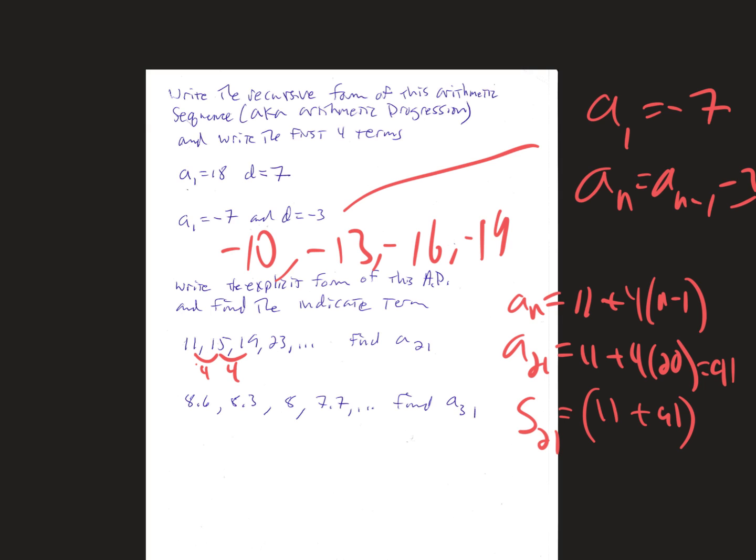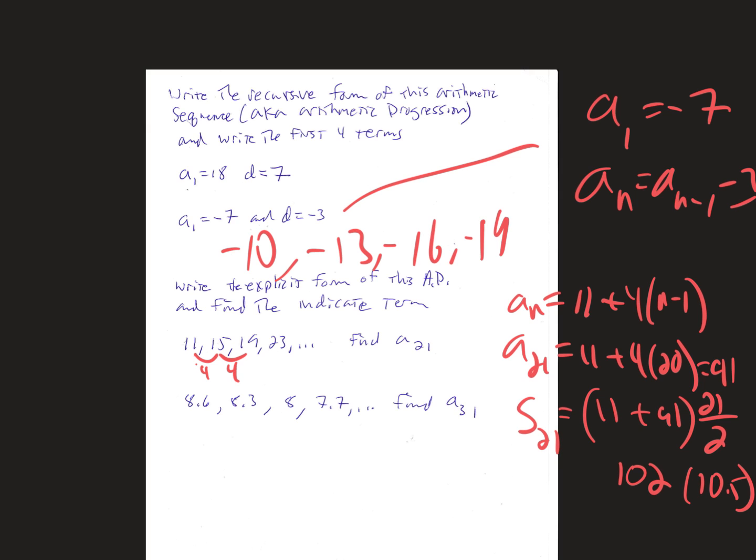So 11 plus 91, times 21 over 2. That's going to be 102, not 110. And then times 10 and a half, 10.5. And again, you can use a calculator, you can do it a number of ways, you can multiply those two.